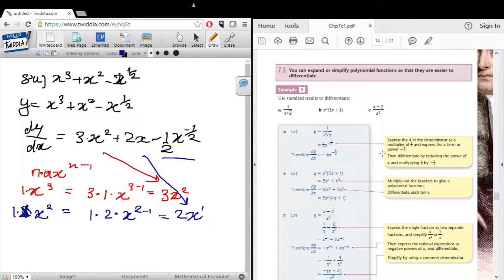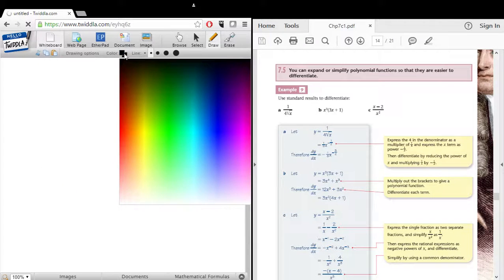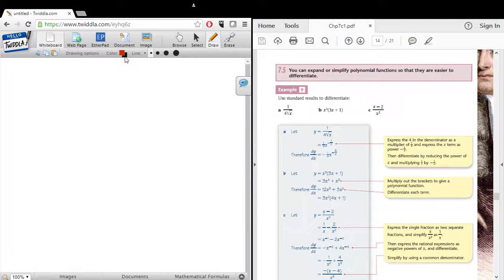You can expand or simplify polynomial functions so that they're easier to differentiate. So in this particular subsection of 7.5, it's just instructing you that there are other means of differentiating them when they are in particular forms. So example 9 says that you have y equals 1 over 4 multiplied by the square root of x.